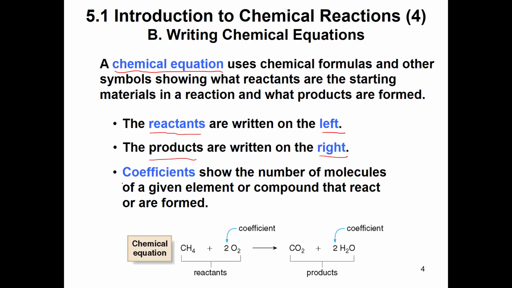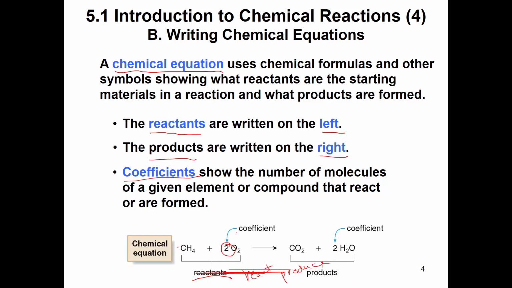And then we're going to use coefficients, the numbers, such as the 2 here, to show the number of molecules of each element or compound that's reacting. So reactants react to produce products.